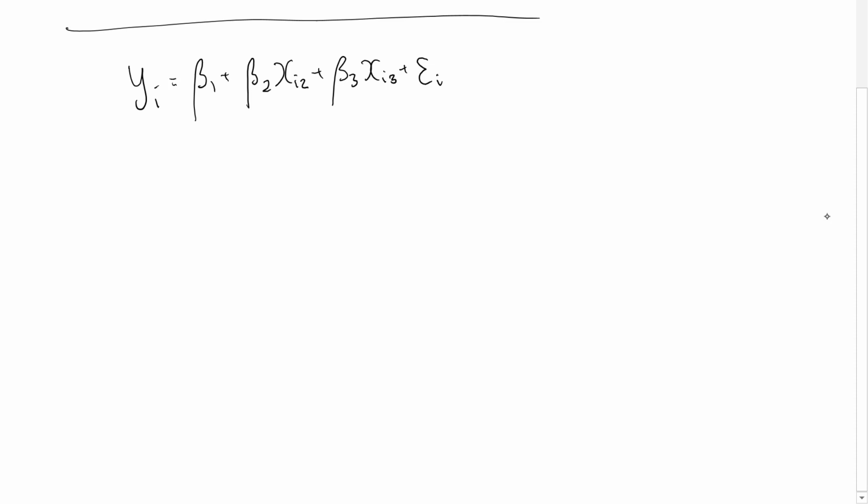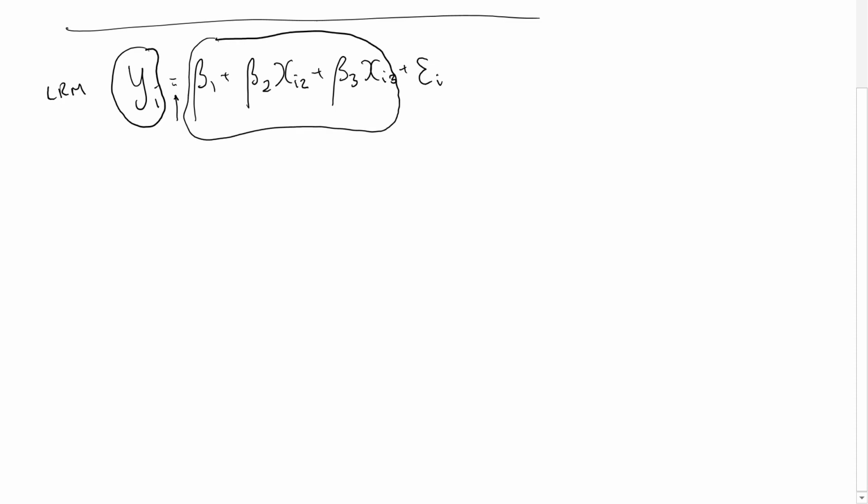So here is a linear regression model with two explanatory variables. K is equal to 3 in this case, and the LRM always looks like this: a dependent variable here, an equal sign, a blob here, which is the conditional expectation, and a plus sign and an error term. Now, this is the thing I want you to focus on, this blob, the conditional expectation.